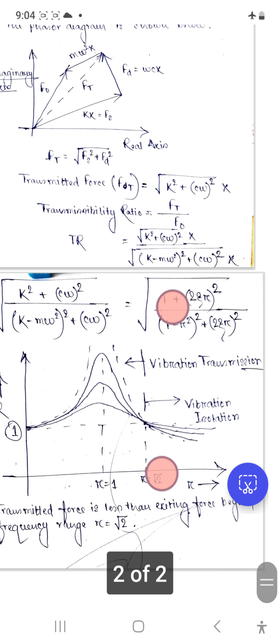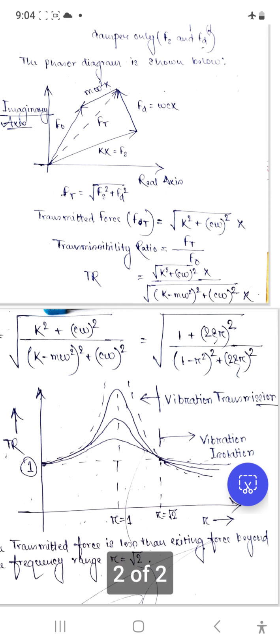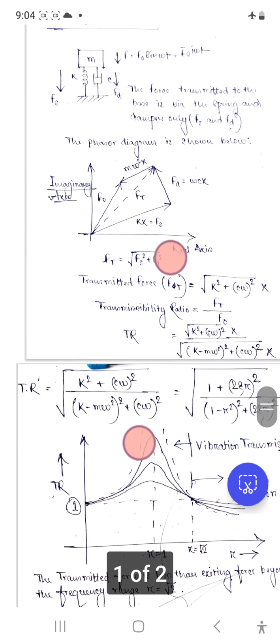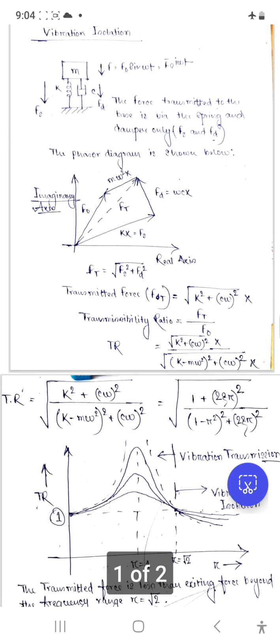Now you see here, within r equal to root 2, the transmissibility ratio is always greater than 1. In every case it is greater than 1. Meaning, how much force is getting transmitted, due to this exciting force here, is more than the exciting force.